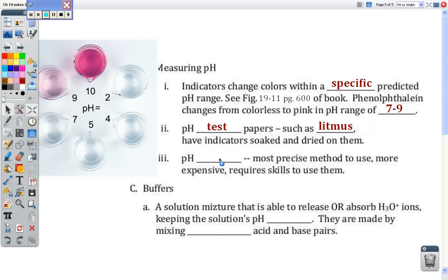But the most effective way of doing it is using a pH probe, which is able to detect the electrolytic capability of the solution by running electricity through it, and so that is where the probe is going to be the most accurate.